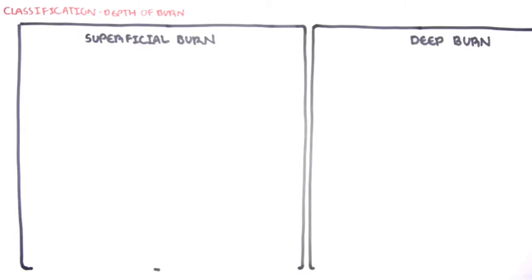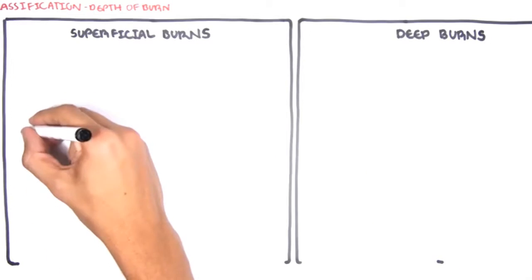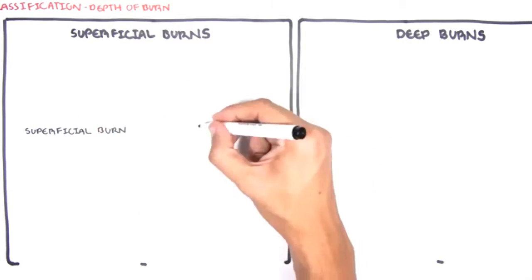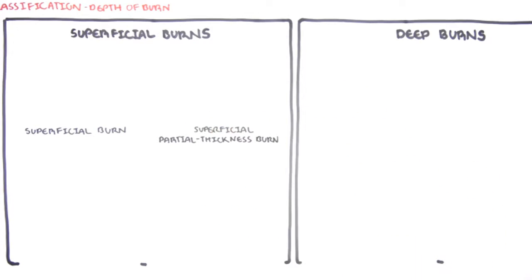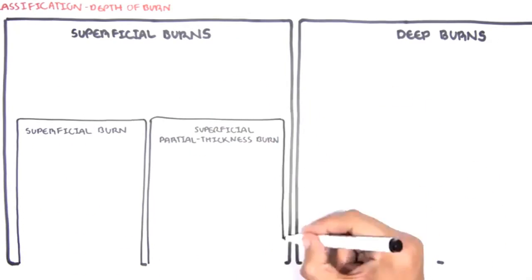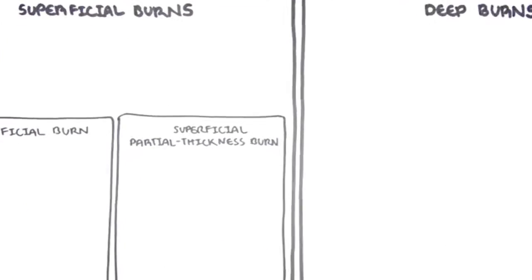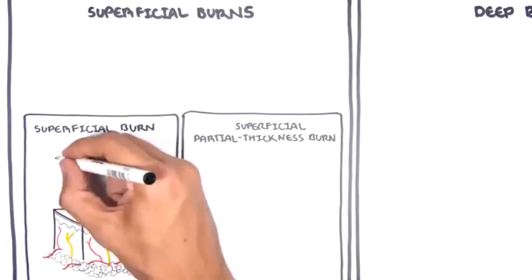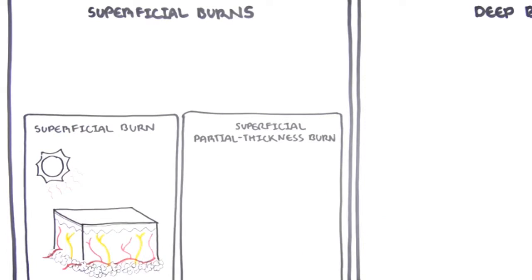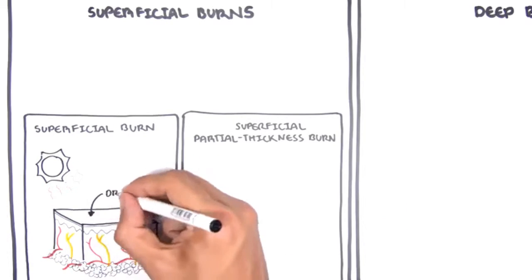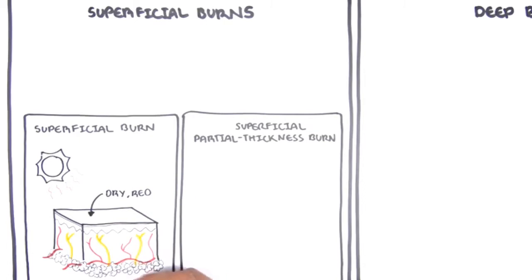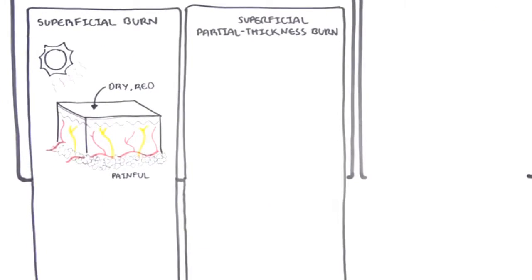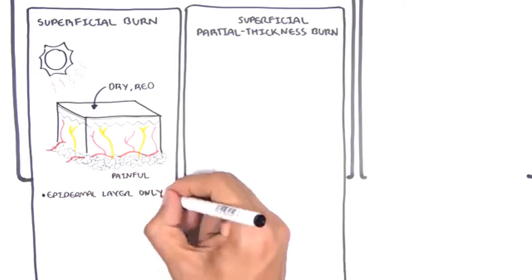Superficial burns can be further divided into superficial epidermal burns and superficial partial thickness burns. In superficial epidermal burns, only the epidermis is involved, so the very top of the skin. The most common cause here is your regular sunburn when you get a dry and red skin, which is painful. The epidermis layer is the only layer involved.